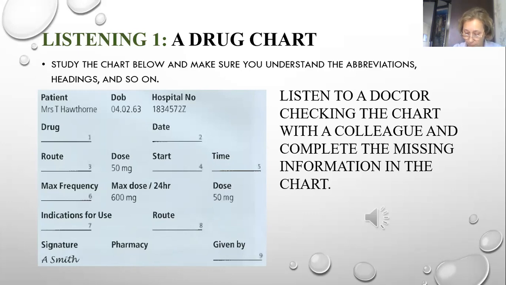Let's see now. Mrs. T. Hawthorne, date of birth 4th February 1963, hospital number 1834572Z. She was prescribed tramadol today, 15th October 2009, given intramuscularly 50 milligrams, started on 13th of October at 11:30.